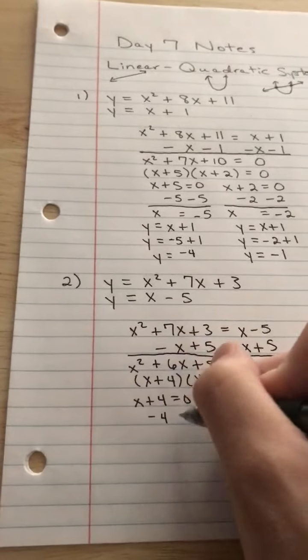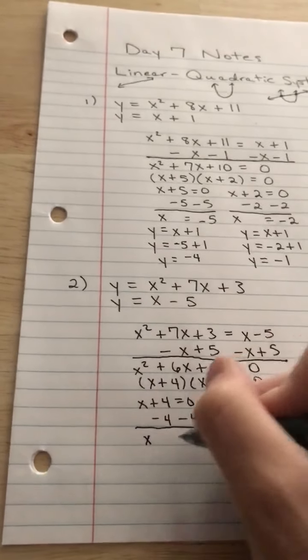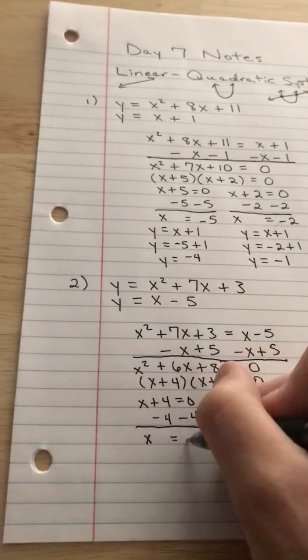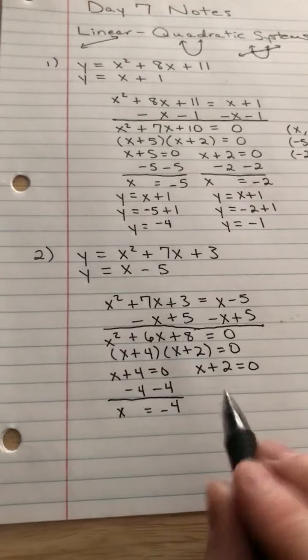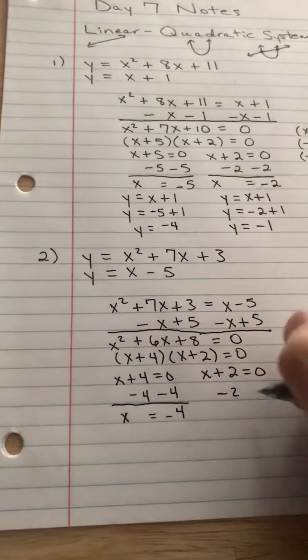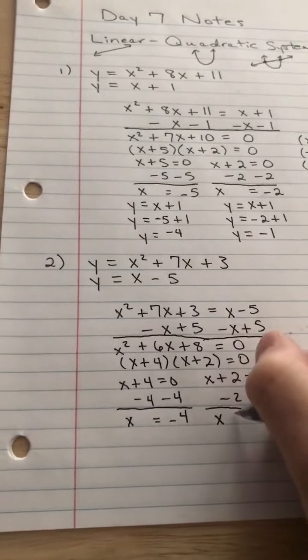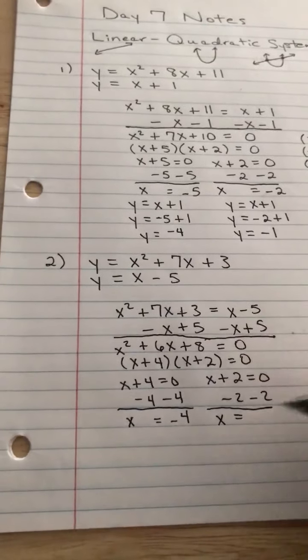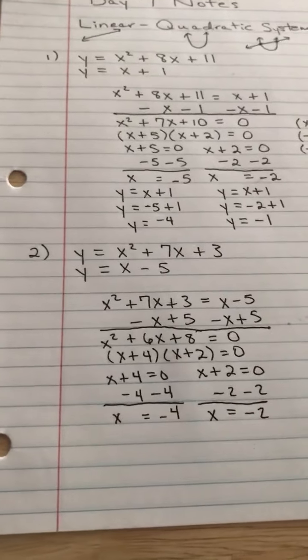Subtract 4 from both sides here. We get x equals 0 minus 4, that's negative 4. And over here, I have to subtract 2 from both sides. So minus 2, and I get x equals, what, 0 minus 2? That's negative 2. So now I've got my x values.